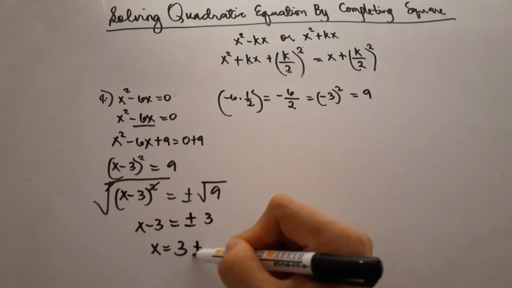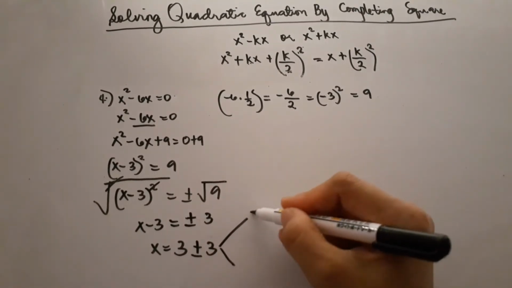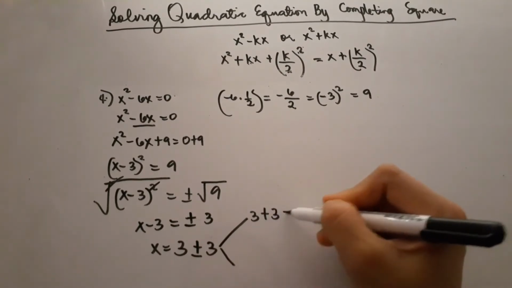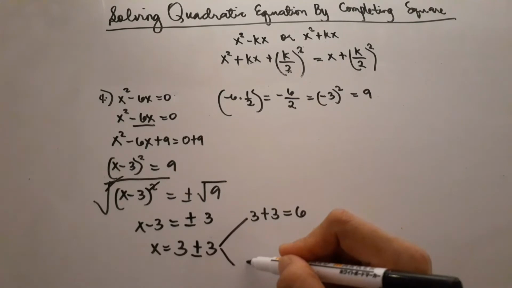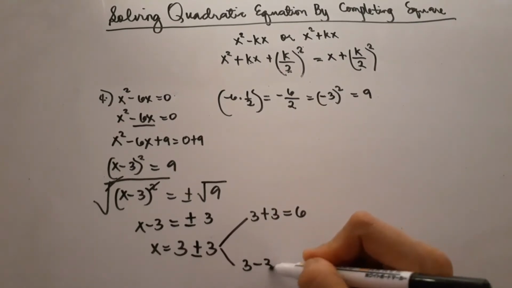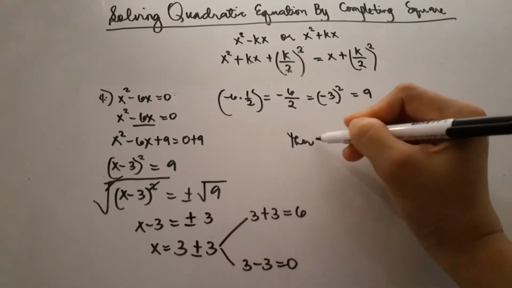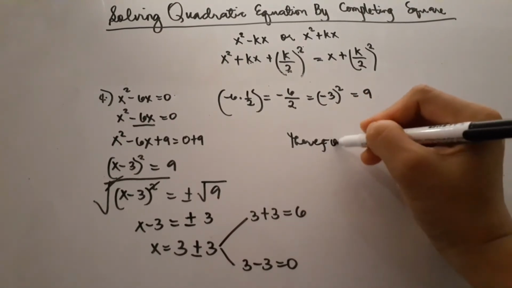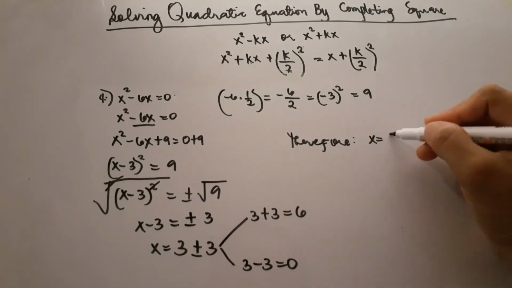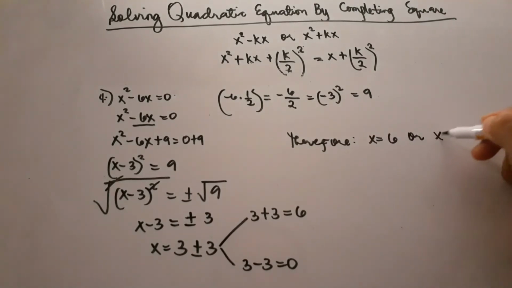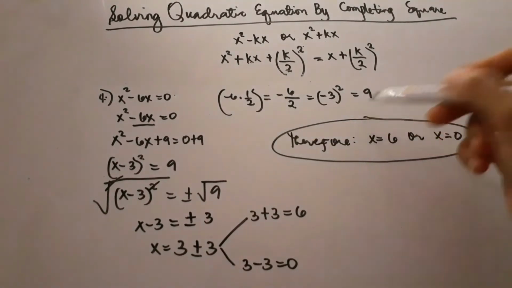It becomes positive 3, ±3. Therefore, x is 3 + 3, which is 6, and 3 - 3 is equal to 0. Therefore, the value of x is equal to 6, or x is equal to 0. This is the answer.